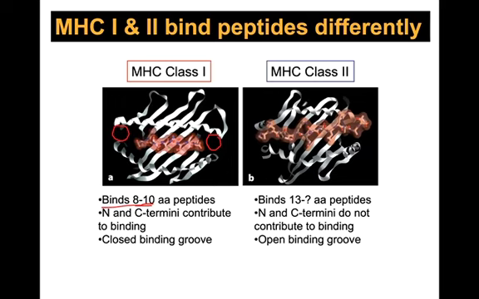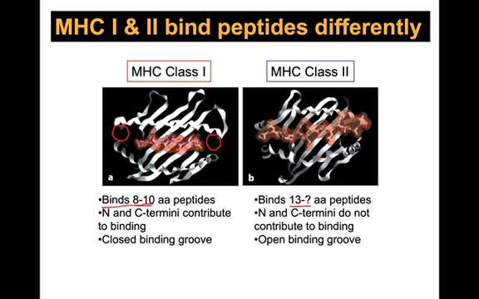That's different than MHC class 2, where the peptide can be quite long. It's typically 13 up to, I've seen them up in the 30 amino acid range, because the ends are open. The ends of the MHC binding groove are open, and so the peptide can kind of slip back and forth until it finds its best binding affinity, and that's what is then presented.